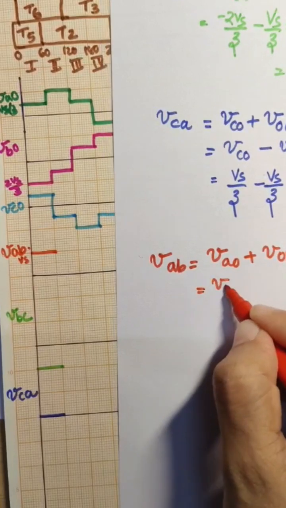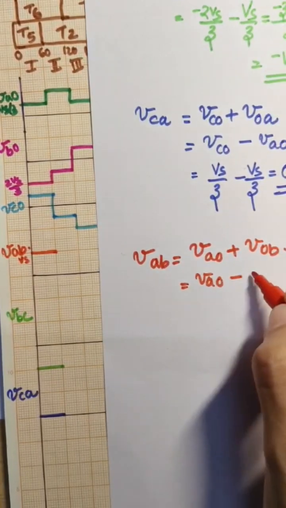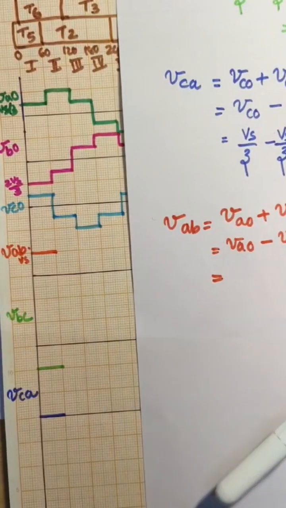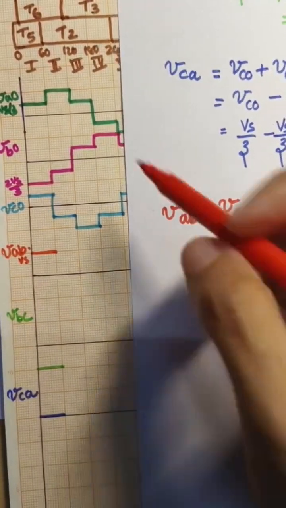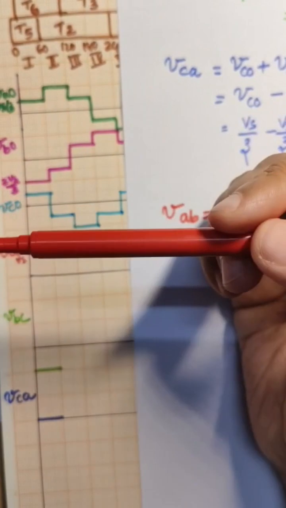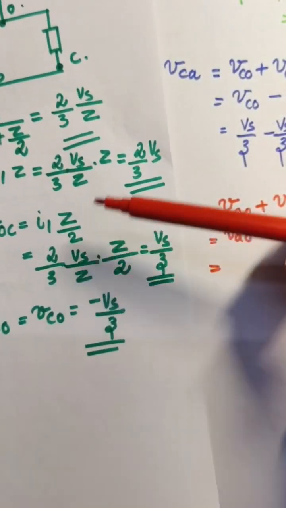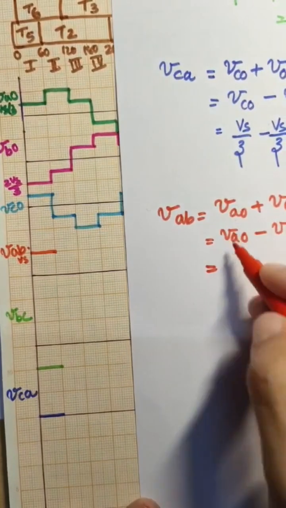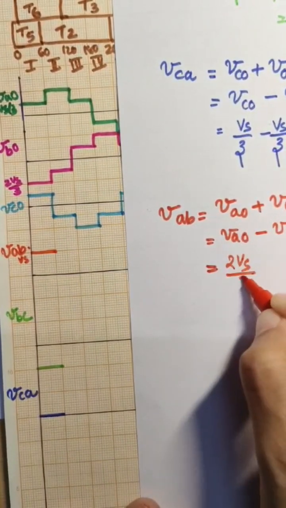This can be written as VAO minus VBO. From the graph or from the calculations, we obtain the value of VAO. VAO is equal to 2 Vs by 3.